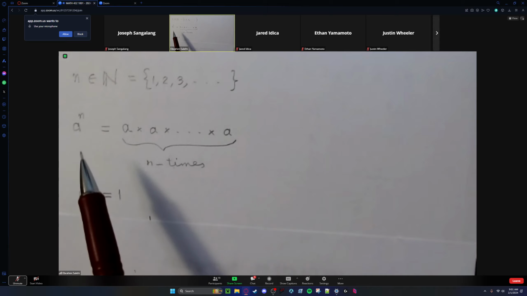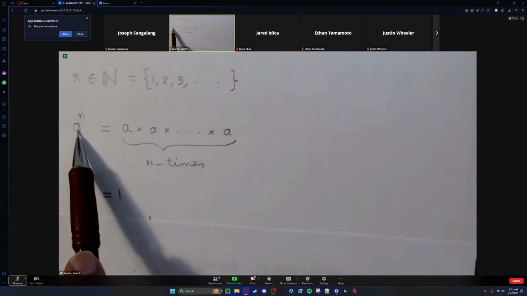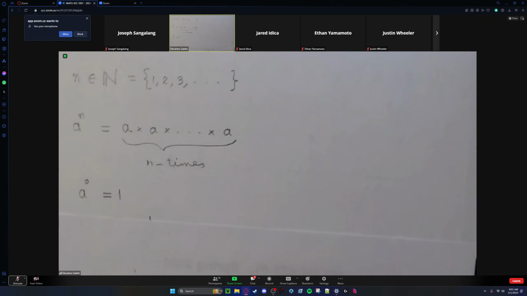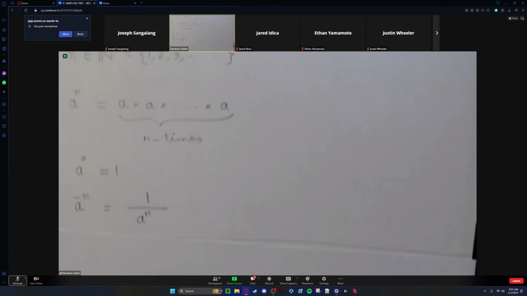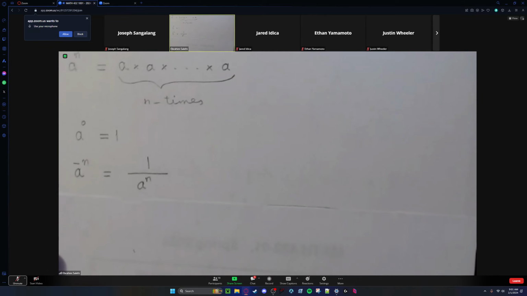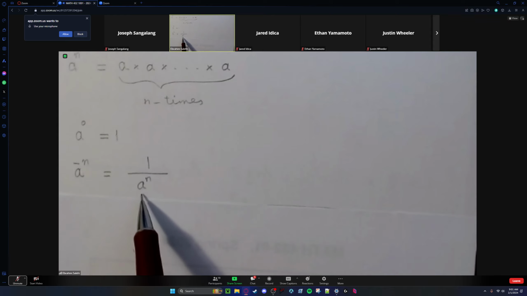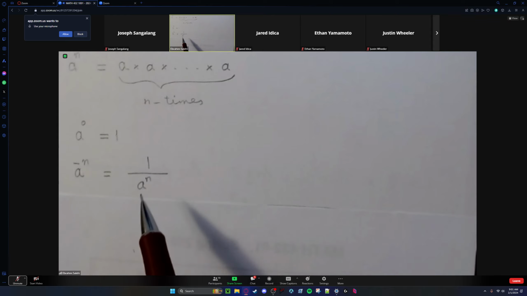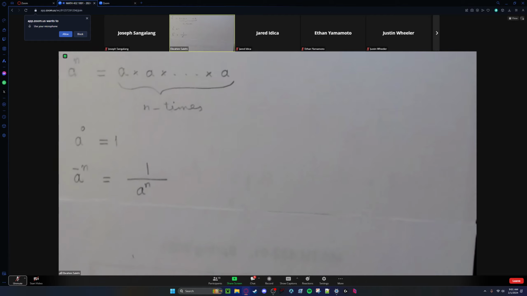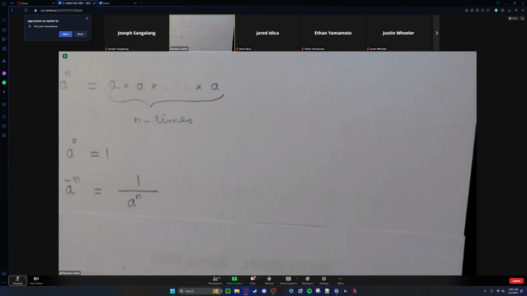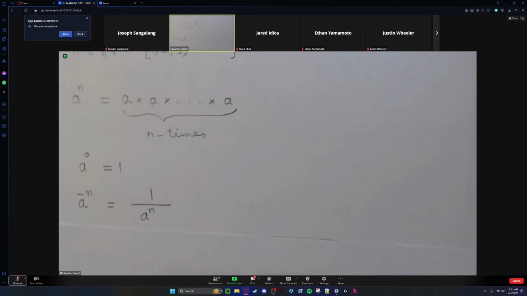Next, you want, of course, to define what we mean by a to the negative 5. Well, when n is a negative integer, then we defined a to the negative n to be this. All right? Okay. So in this fashion, we define the exponent when the exponent is an integer.